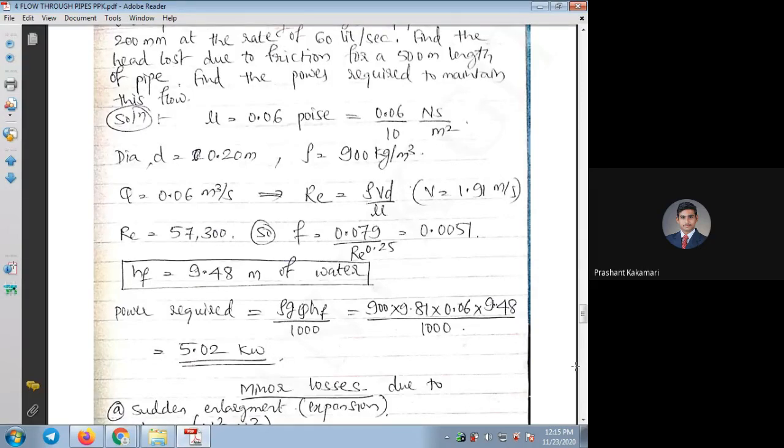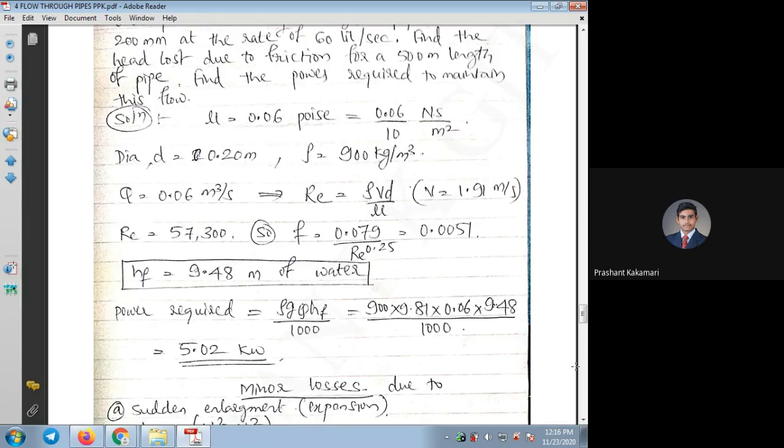So I hope all of you understood the problem. The only extra thing here is to find the power to maintain the flow rate. Rest all is learnt in our theory. To find the head loss due to friction, you can use the Darcy-Weisbach equation. For that, the coefficient of friction is not given in the problem, so we are using the Reynolds number and the coefficient of friction correlation depending upon that Reynolds number. That is very important in this problem.